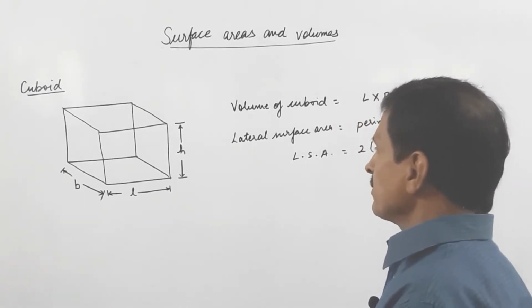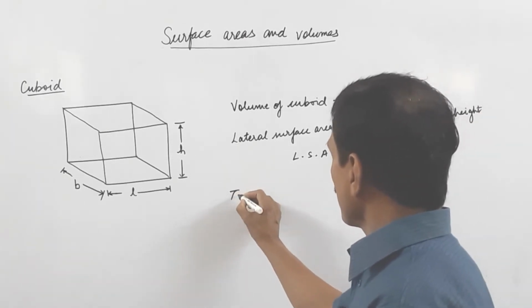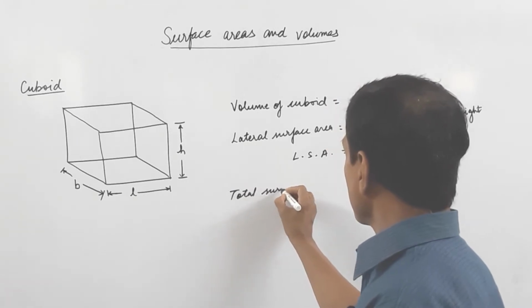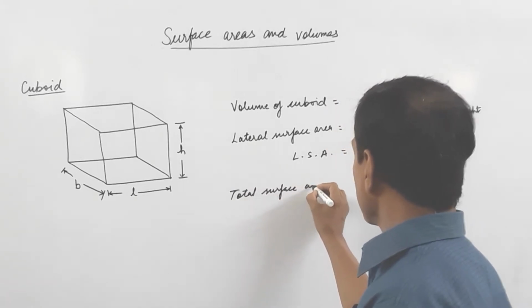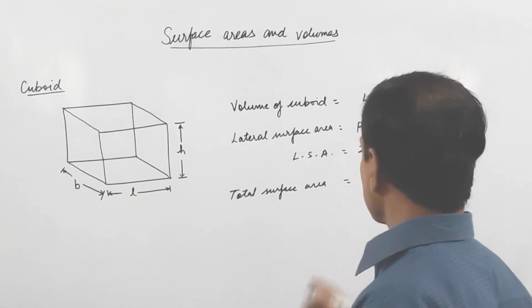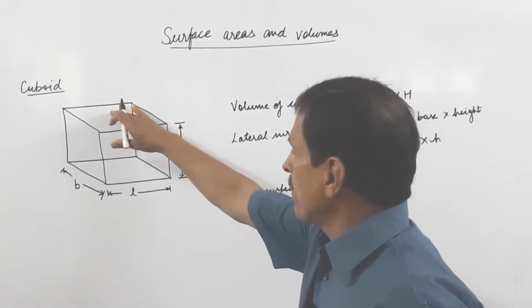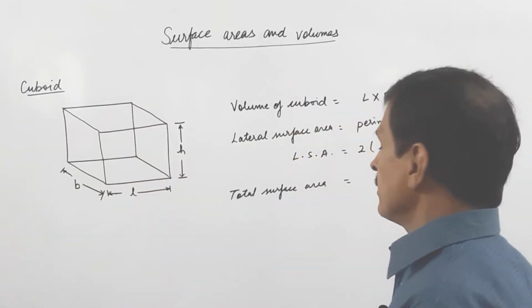Total surface area includes the lateral surface areas as well as the upper and the base area.